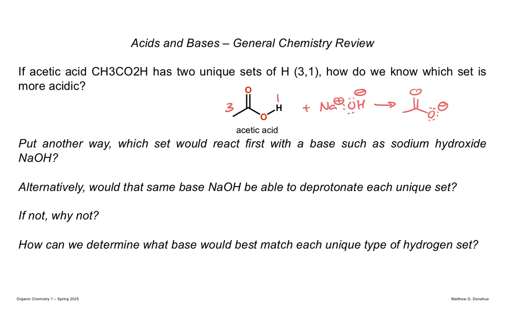The negative charge is then balanced off by the sodium cation. The other product would just be water. Acid-base reactions involve proton transfer, so the action of the base is to abstract a hydrogen, or a proton, from the acid.